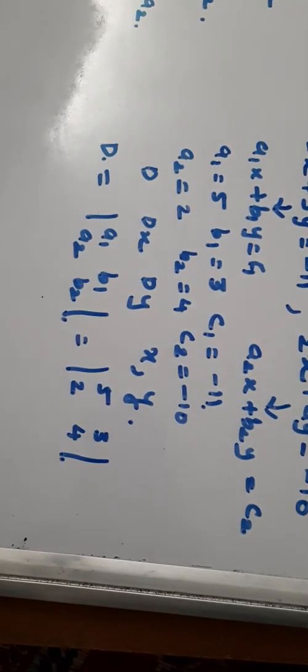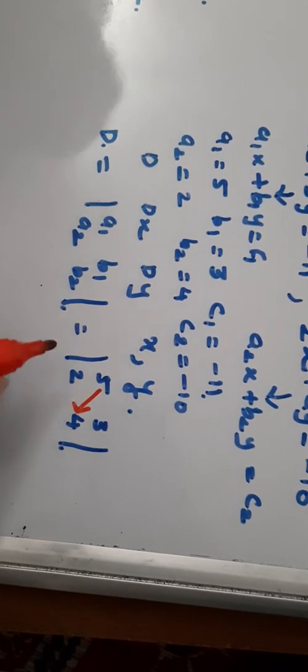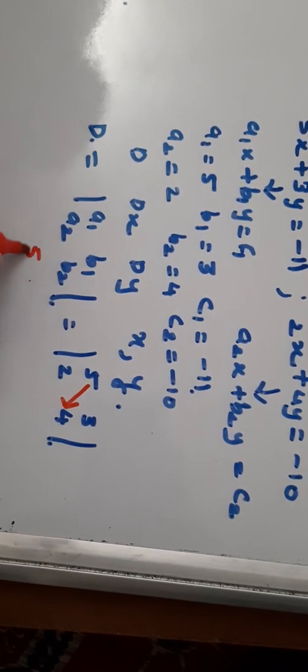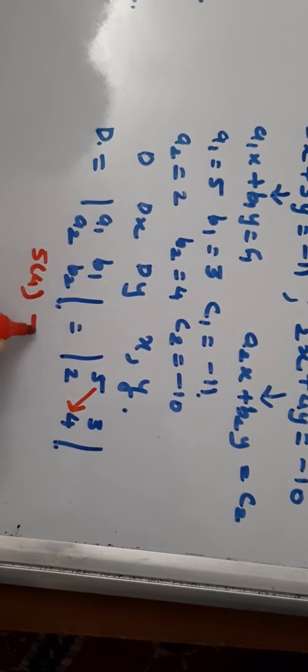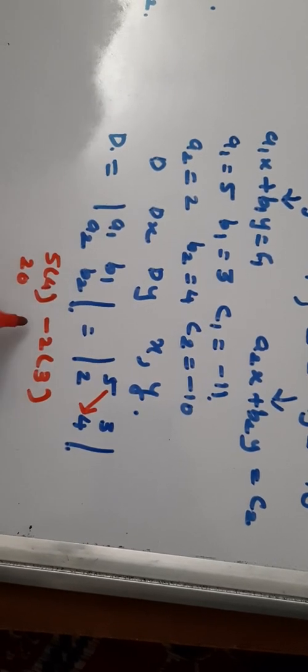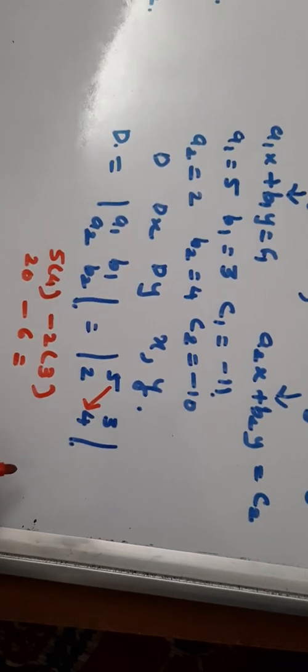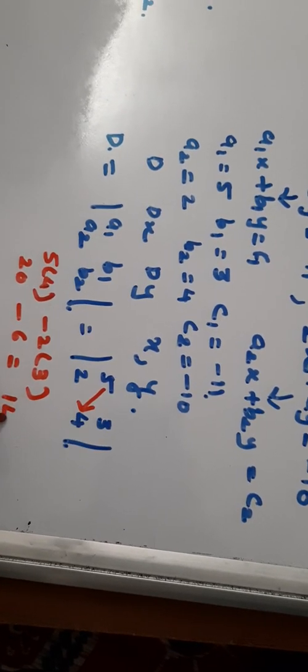Here you have to multiply, so 5 into 4 minus 2 into 3. So 5 fours is 20 minus 6, so this will be equal to 14.